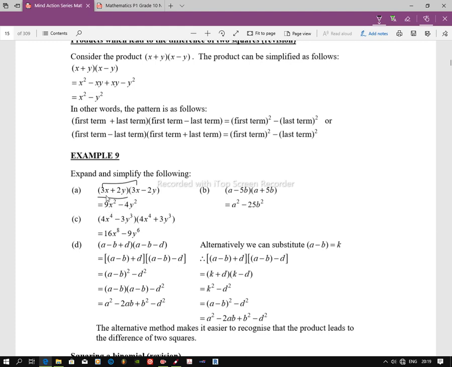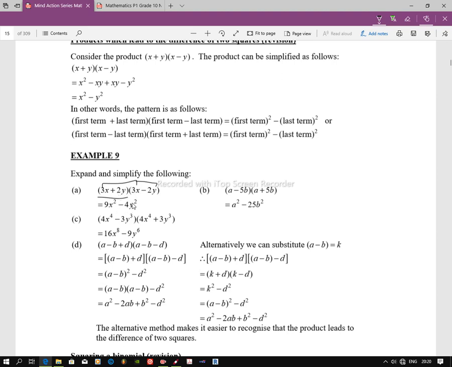As you can see, the 3x multiplied by the 3x, as well as the 3x multiplied by the negative of 2y is going to give you negative 6xy. Then you say 2y multiplied by 3x, you get positive 6xy.